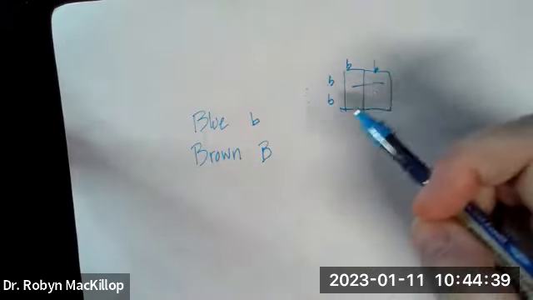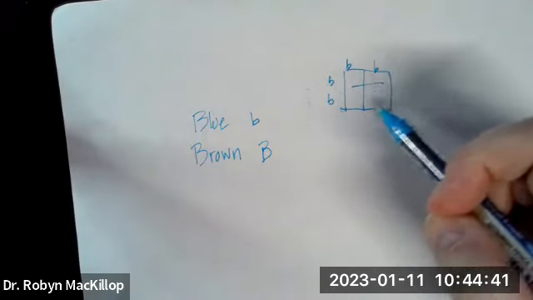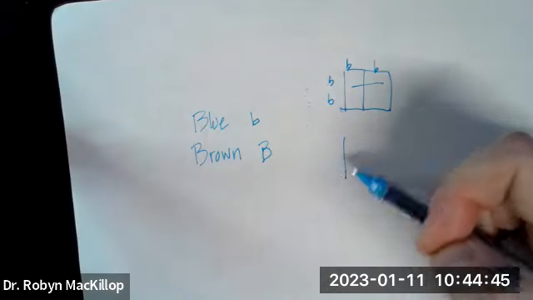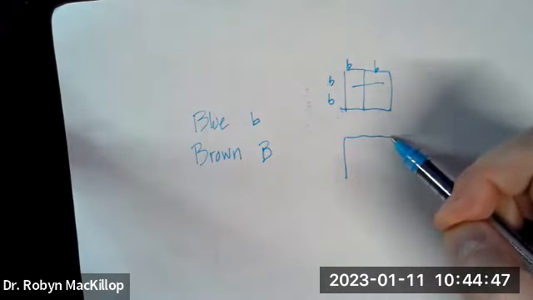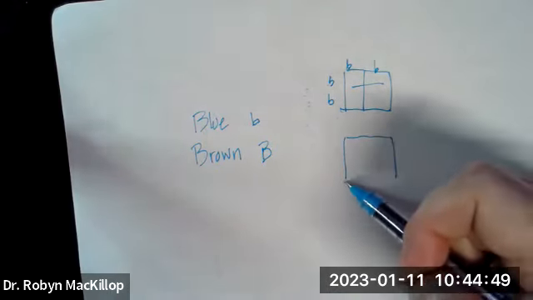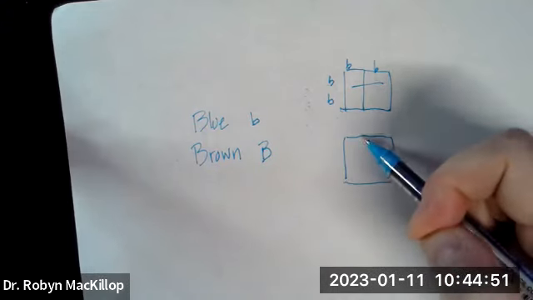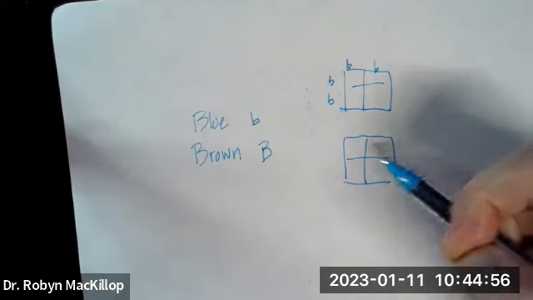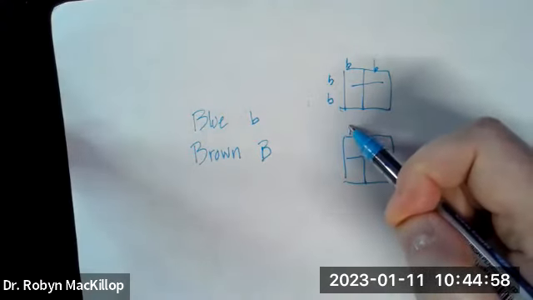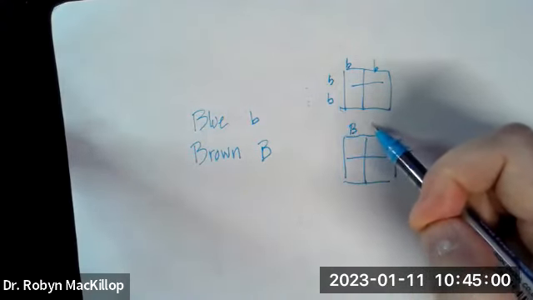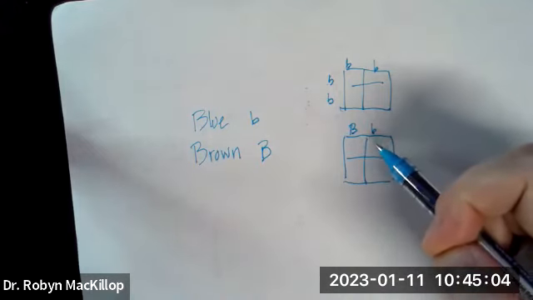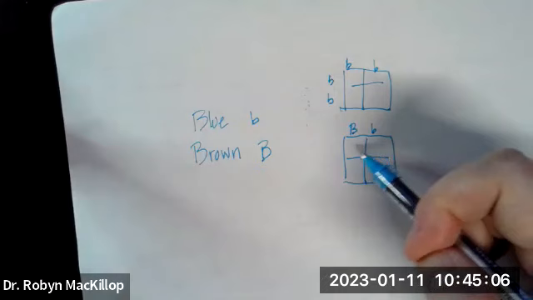So blue-eyed parents can only have blue-eyed children. But brown-eyed parents can have blue-eyed kids, because a whole lot of people with brown eyes carry the recessive blue. So their eyes are brown, but they have that recessive gene.